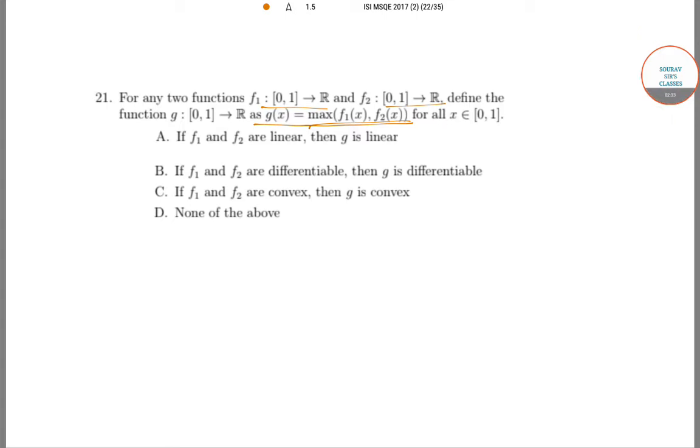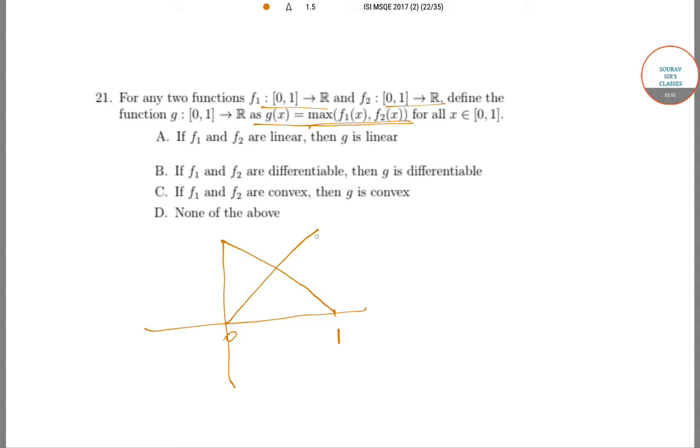So let us take an example, a graph. This is 0 and this is 1. We have a function like this and a function like this.